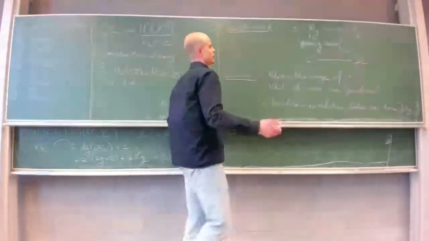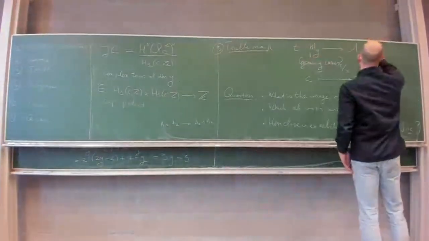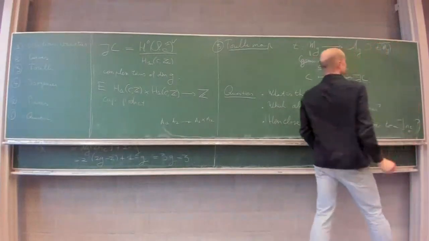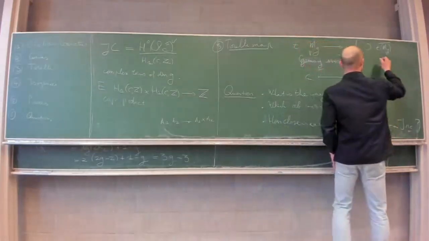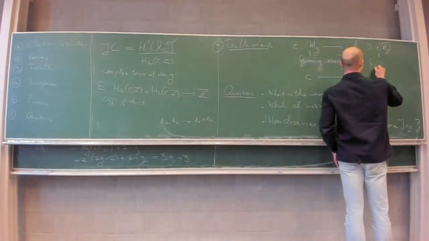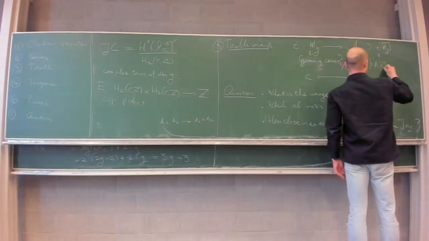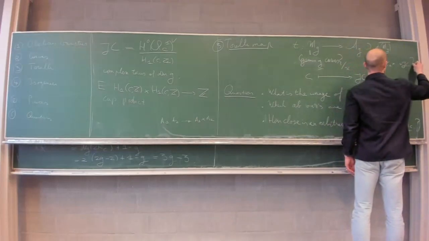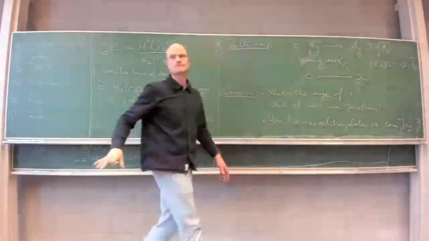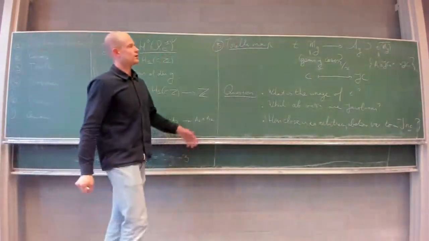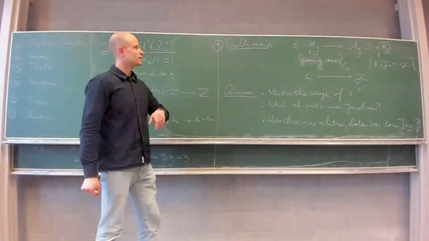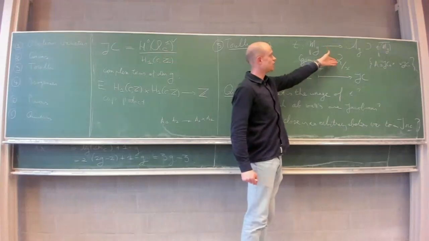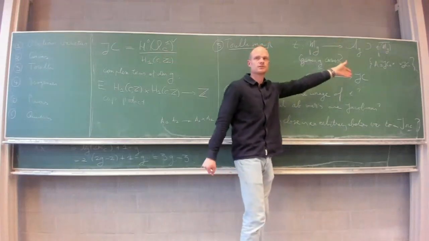So the image of the Torelli map is exactly the locus of A which are isomorphic to a product of Jacobians. And so what your remark says is that for G equals 2 and G equals 3, every principally polarized abelian variety of dimension G is isomorphic to a product of Jacobians.